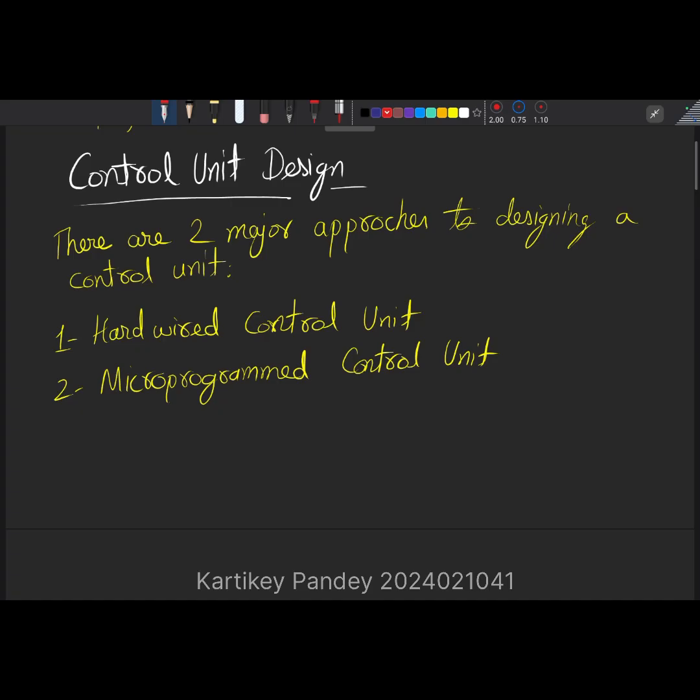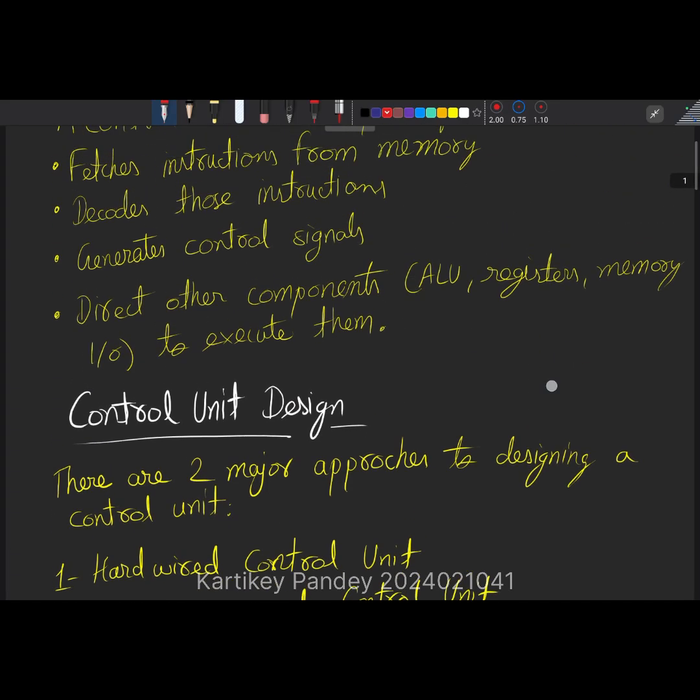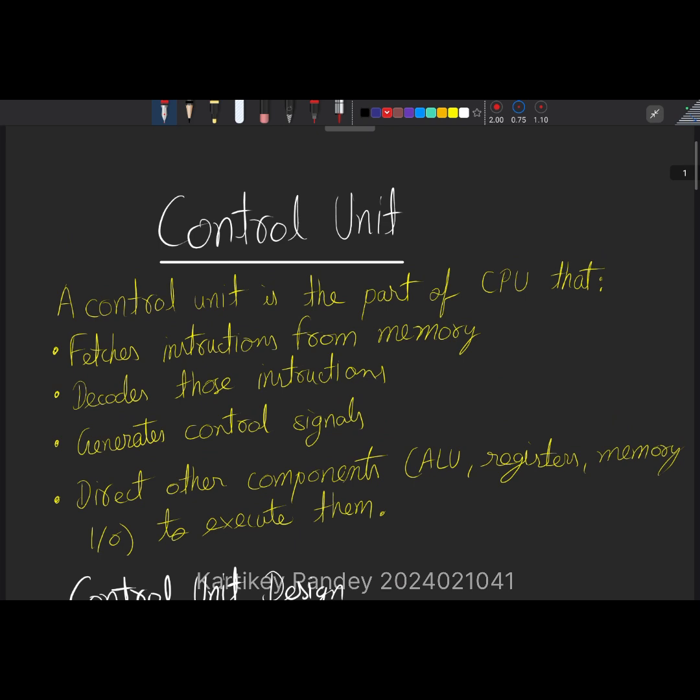Before starting the discussion about control unit design, one should know what a control unit is. A control unit is the part of the CPU, Central Processing Unit, that fetches instructions from memory, decodes those instructions, generates control signals, and directs other components, ALU, registers, memory, input output, etc., to execute them.